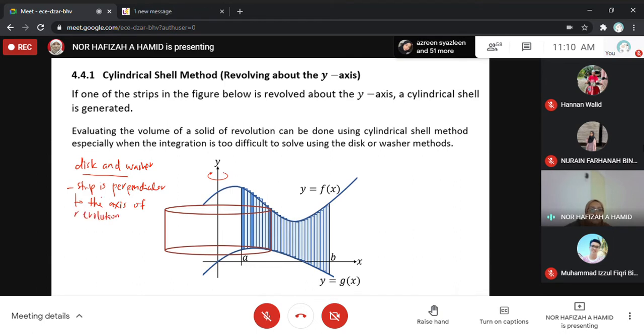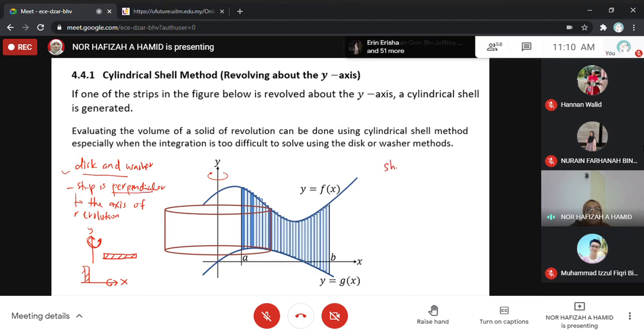So for example, revolve at the y-axis, so strip dia must be horizontal lah. If you revolve at the x-axis, so strip dia must be vertical. So ini for disc and washer method, strip is perpendicular.